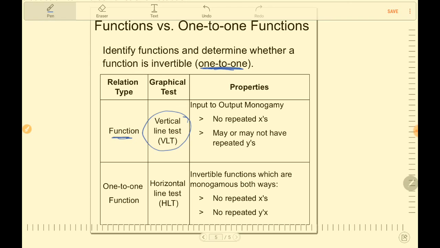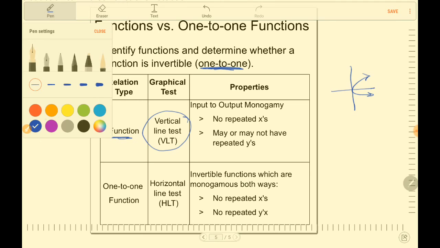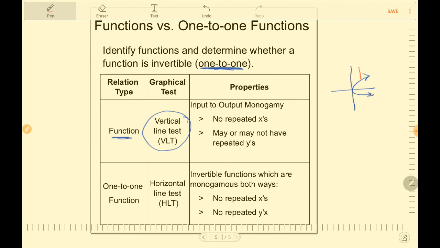And the reason you can do that is because if a relation is not a function like this, and you draw a vertical line through here, then you're going to find 2 values such as 1 and 1, and 1 and -1. So this has 1 being mapped to 1 and also being mapped to -1.